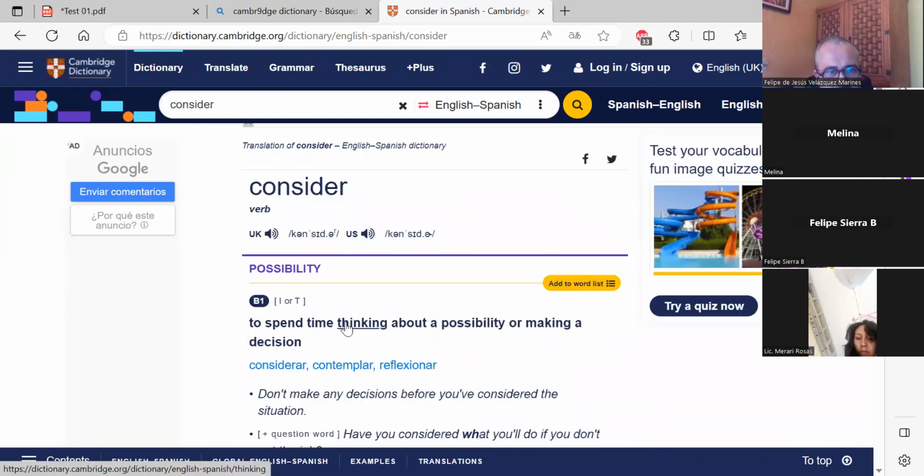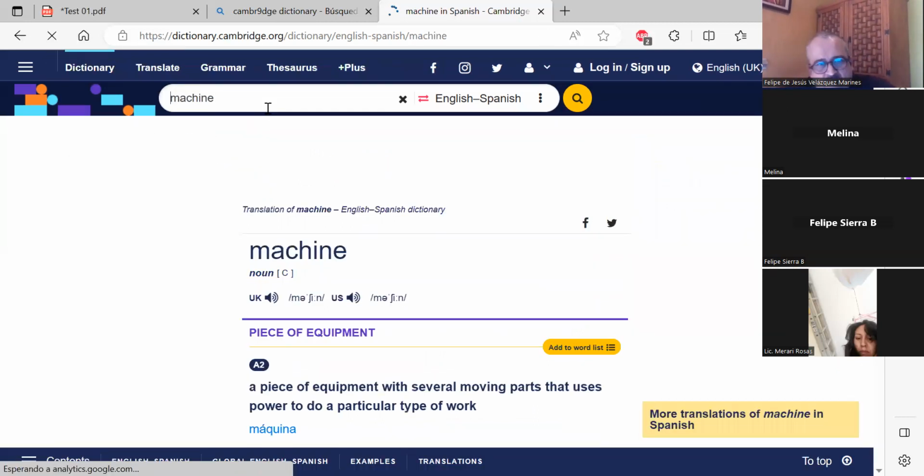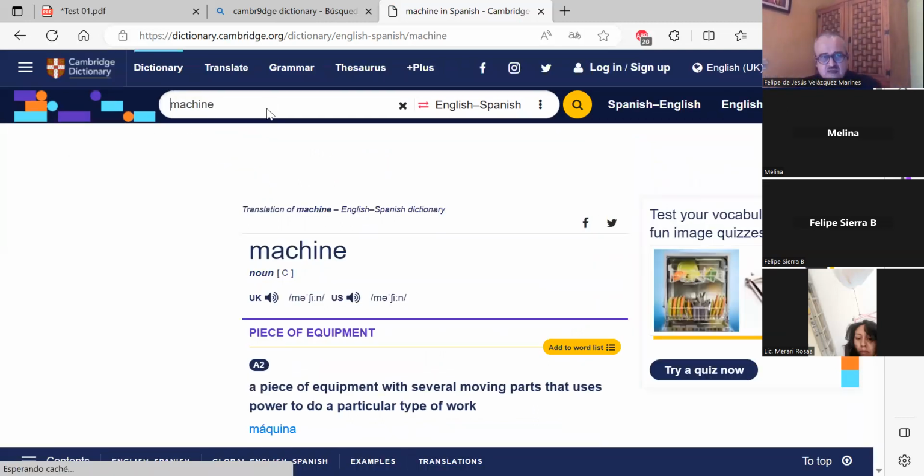And they tell you here, verb, consider, pronunciation. Consider. So here we have the pronunciation. So if you are correcting a student and the student says, for example, machine, and you say, oh, sorry, the pronunciation is machine.